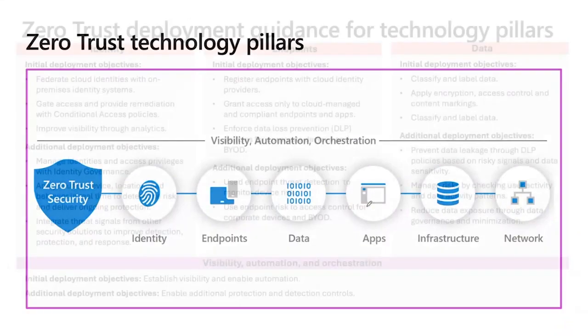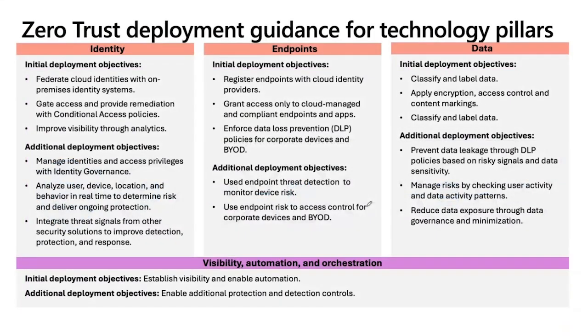When we talk about identity, endpoint, data, and the other 3 pillars, initially we plan for federated cloud identity and synchronization, and we implement advanced security features for identity, like enabling MFA and conditional access. These things we can consider for identity security.